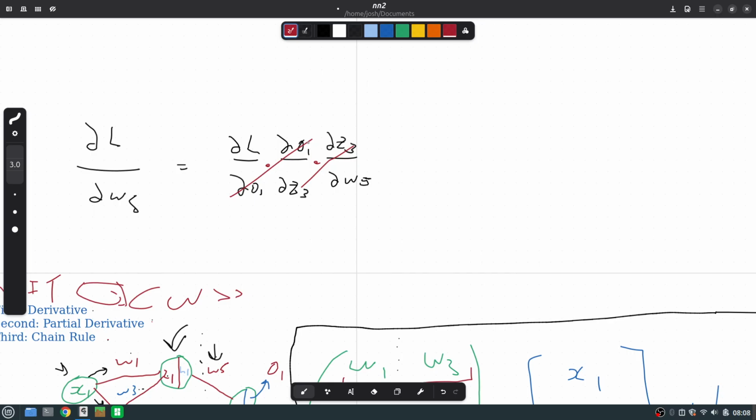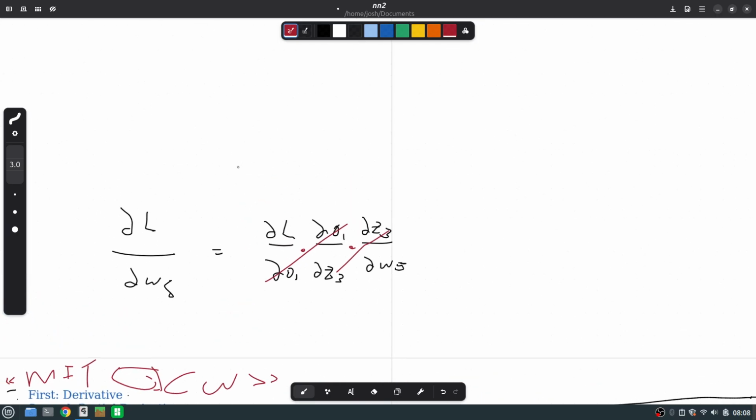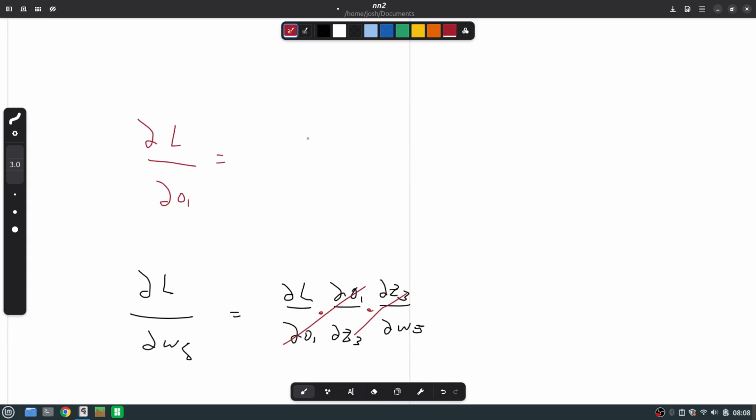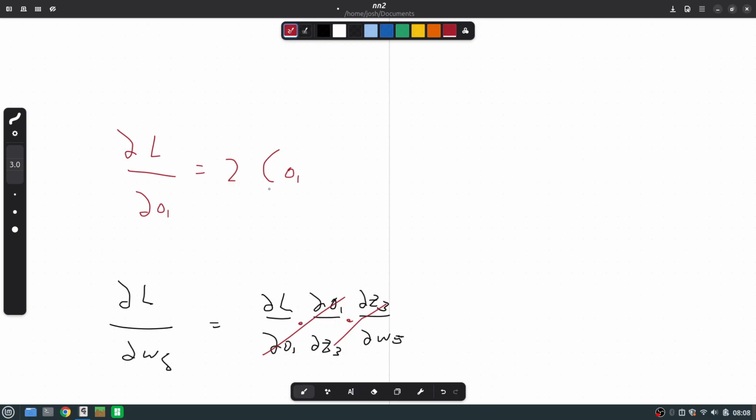Very, very simple. So, how are we going to do this? Let's start with the partial derivative of the loss with respect to O1. I'm just going to give you what that value is. And again, if you don't know how to do this, please check MIT OpenCourseWare or ask your favorite LLM, how do I compute the partial derivative of the mean squared error formula with respect to some output value?